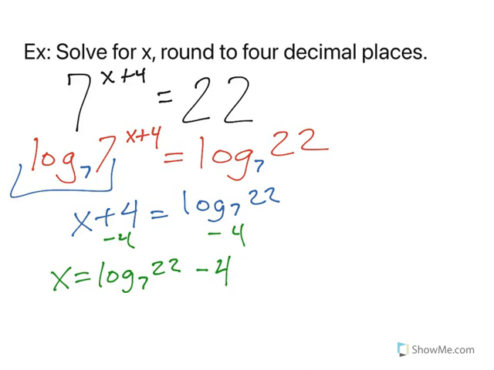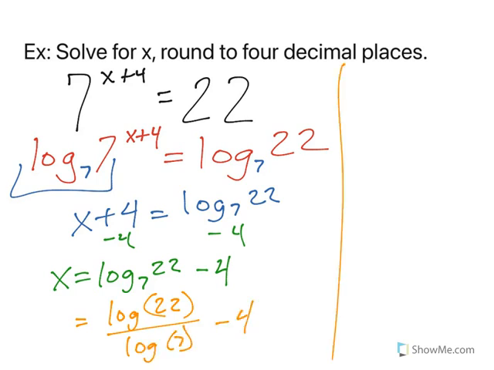So again, we need to say log of 22 divided by the log of 7, change of base, then subtract 4. Nope, that's not right.